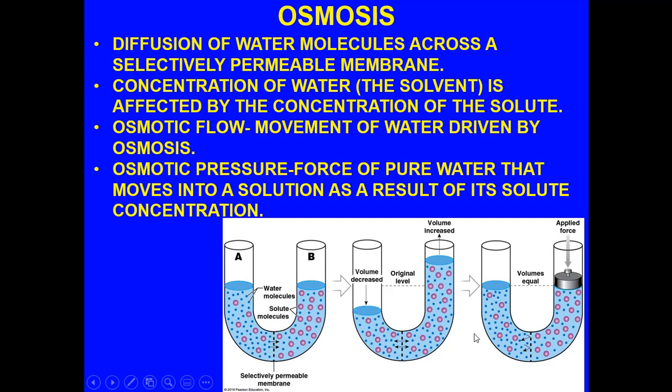So we can play around with this for a bit because we have to deal with the issue of osmosis. Osmosis is the diffusion of water molecules across a selectively permeable membrane. The concentration of water, the solvent, remember we talked about a solution is made up of both solvent and solute. When we talk about the concentration of water in this case, this is affected by the concentration of the solute. If you have absolutely pure water, all you've got is solvent, no solute.